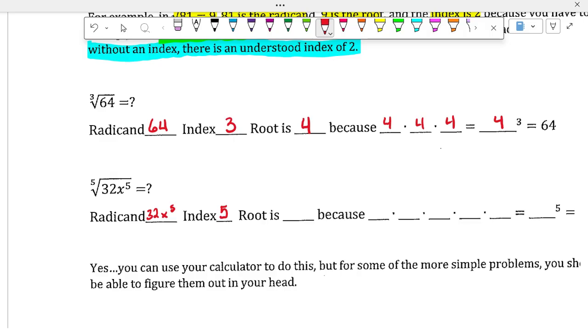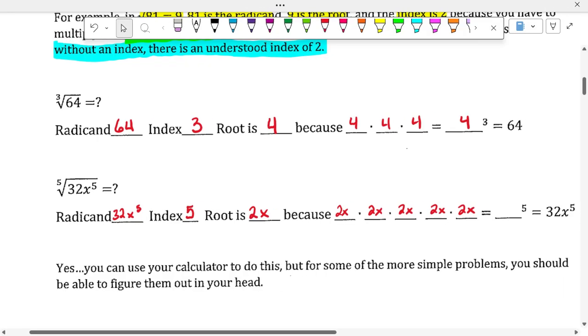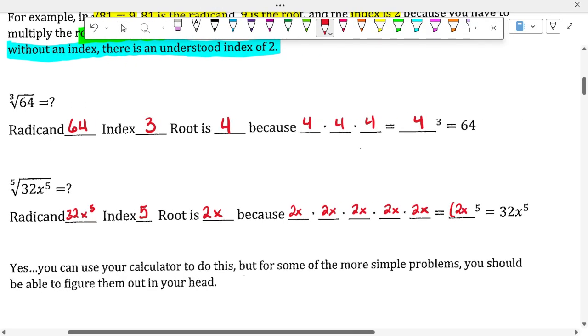What number times itself 5 times will give you 32? 2. Now, what value times itself 5 times will give you x to the 5th? X. So that means if we have 2x, 2x, 2x, 2x, and 2x, or (2x) to the 5th, make sure you put that in parentheses, you get 32x to the 5th.